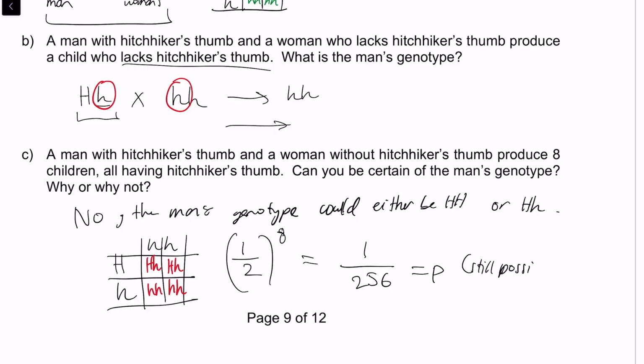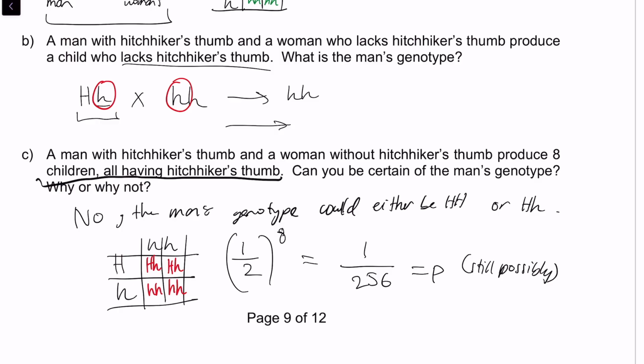Although very unlikely, it doesn't definitively tell us whether, if we know that 8 children, all of them having hitchhiker's thumb, that doesn't definitively say whether the man's genotype is homozygous dominant, even though it's more likely to be that.